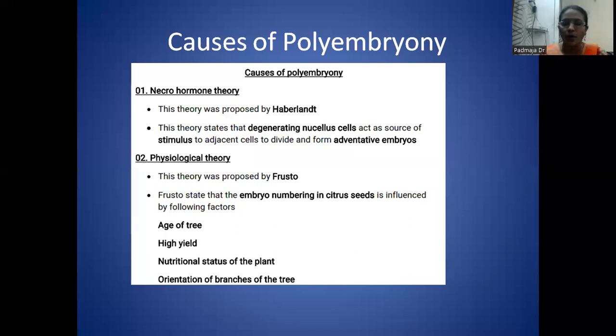According to Haberlandt, it is due to the necrohormone theory. This theory was proposed by Haberlandt.